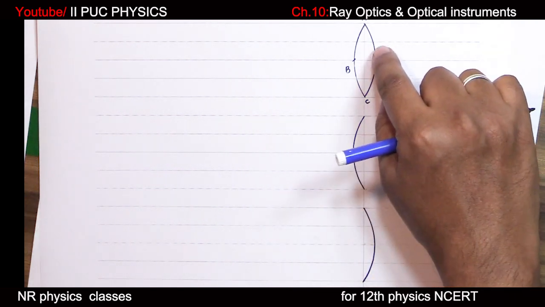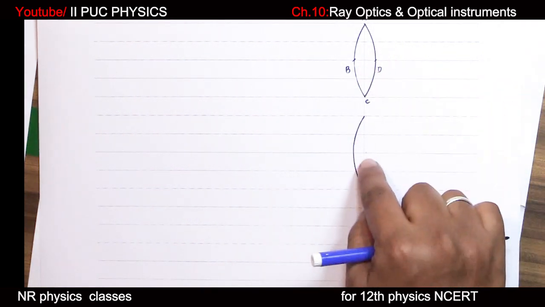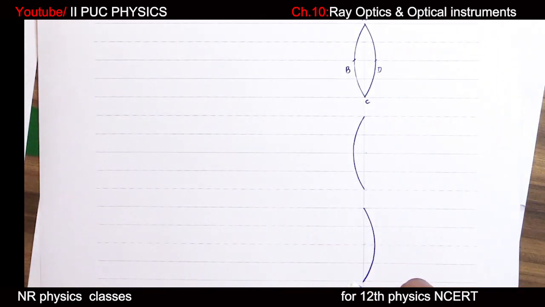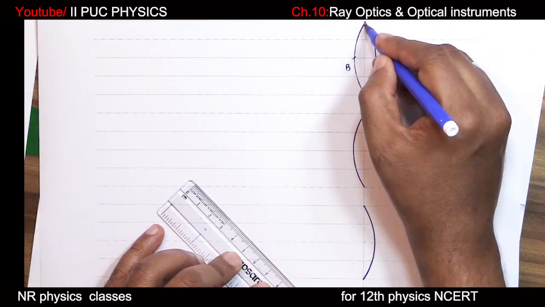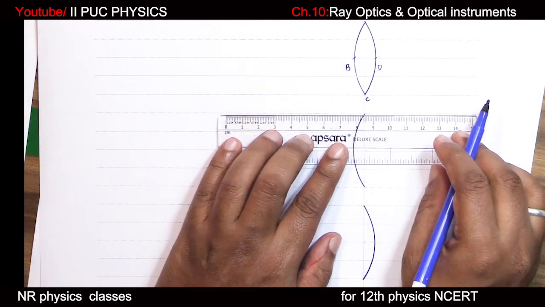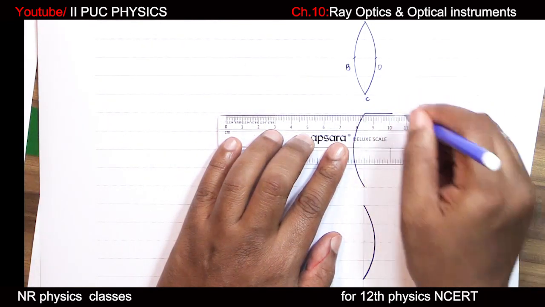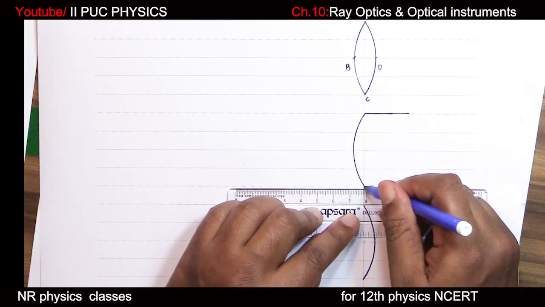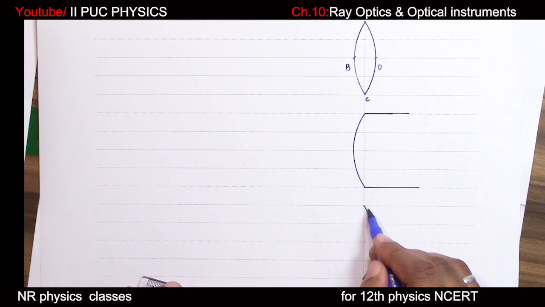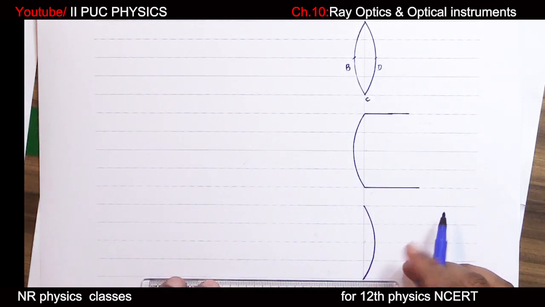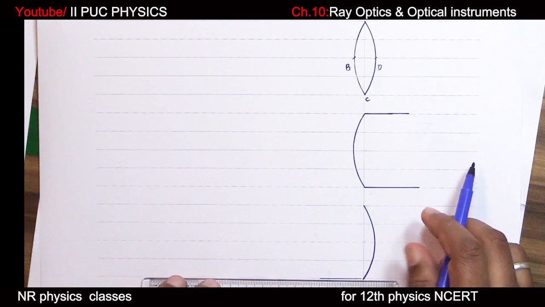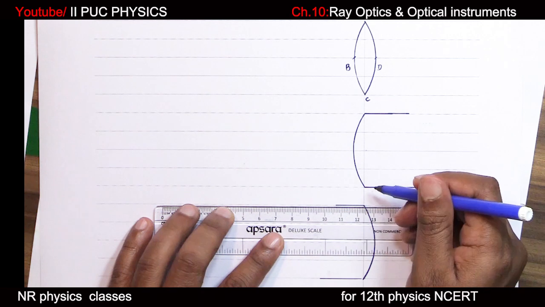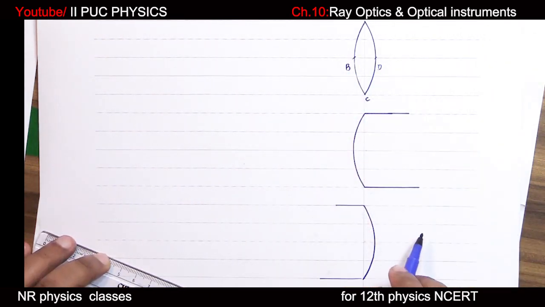Students, make sure that you draw all these diagrams one below the other with respect to this reference line. In the absence of ADC, in the presence of ADC. So a convex lens is bounded by two spherical surfaces, convex surfaces.